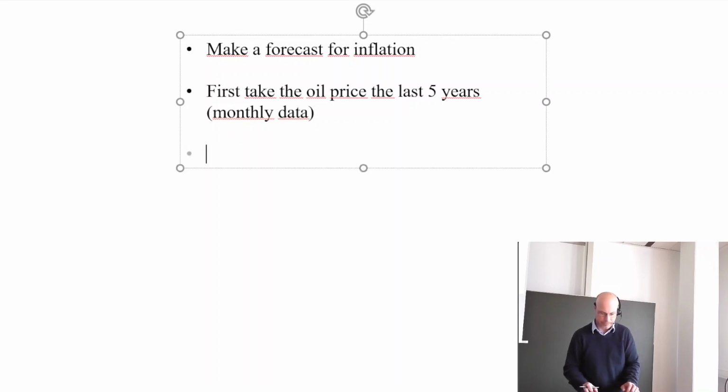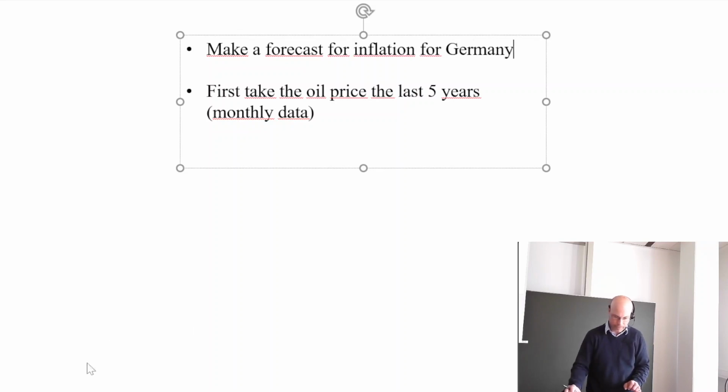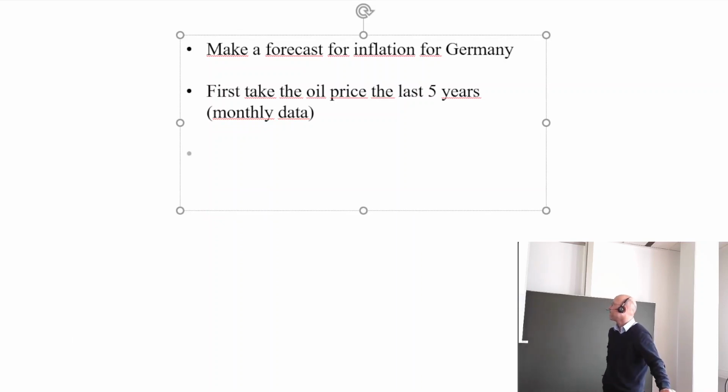Then if we take the oil price, today the oil price is roughly 100 US dollar per barrel. And if we want to make inflation forecast for Germany, what do we have to do then? Can we just take the oil price in US dollar?